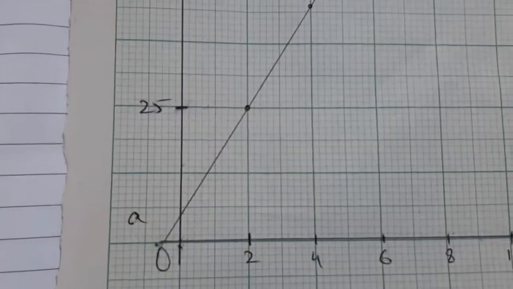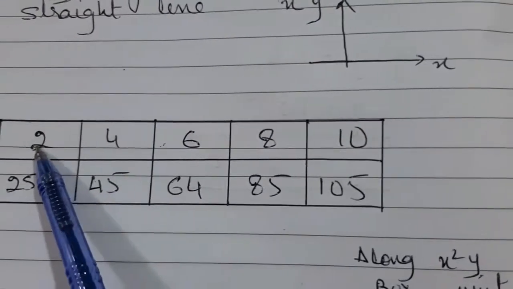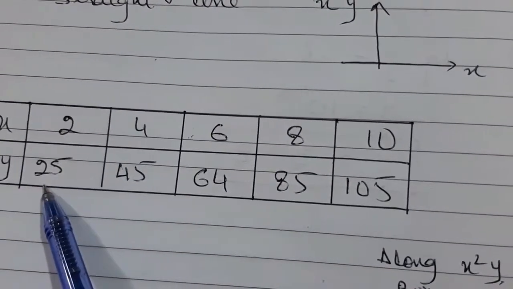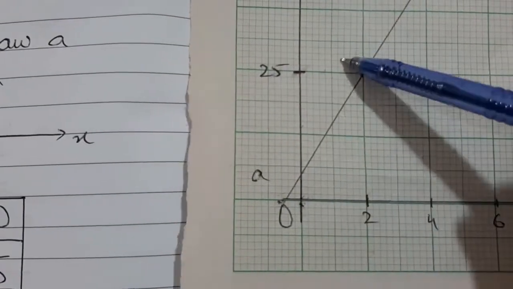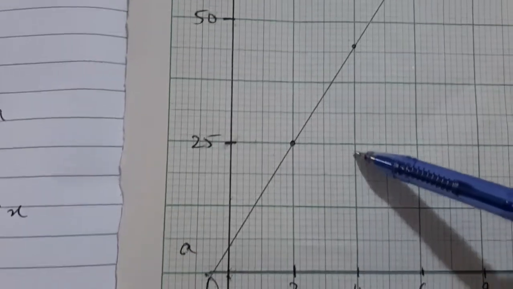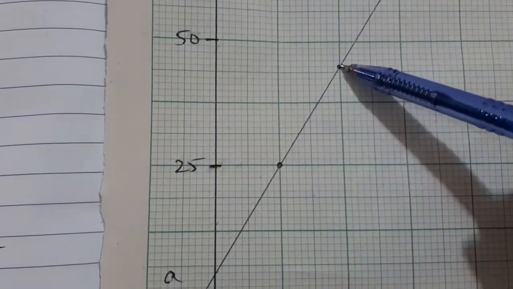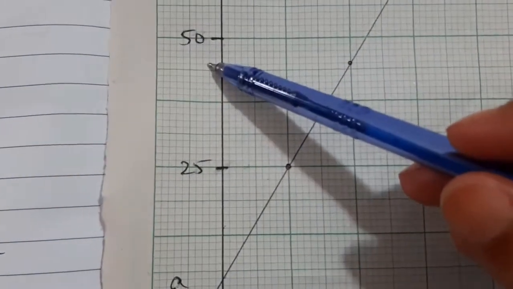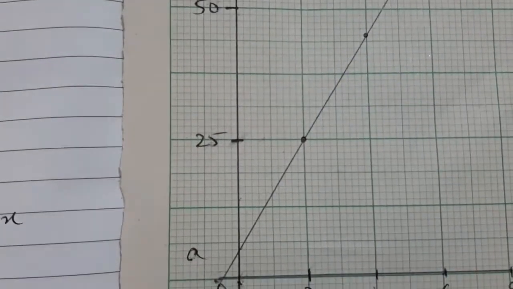This plotting was easy. According to this table, it was 2 plotted against 25. So you can see 2 and 25. Then it was 4 and 45, which is here. Now if it is difficult, again you can use the unitary method. I have done it here for you.